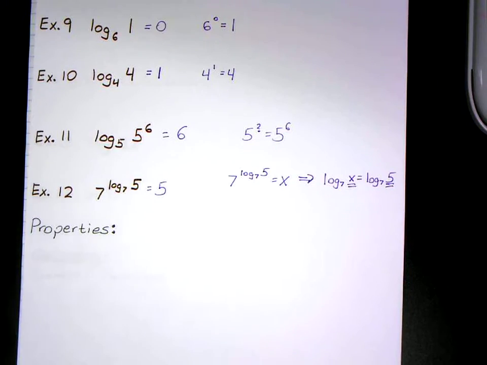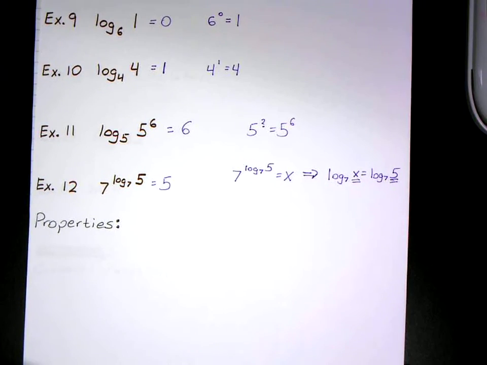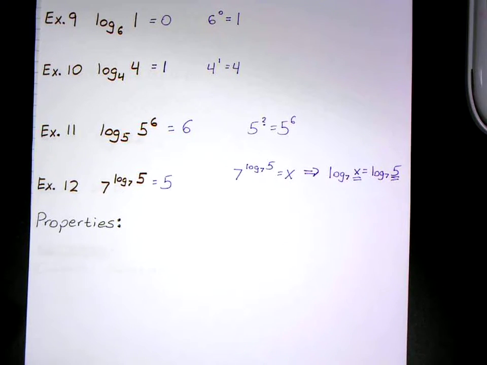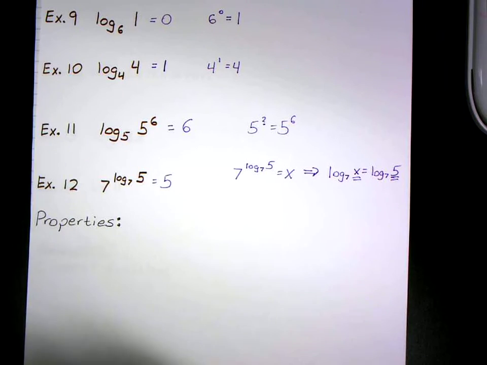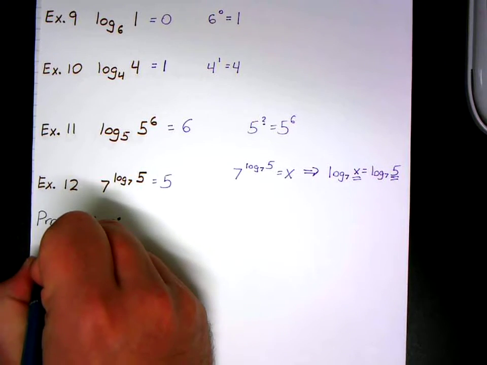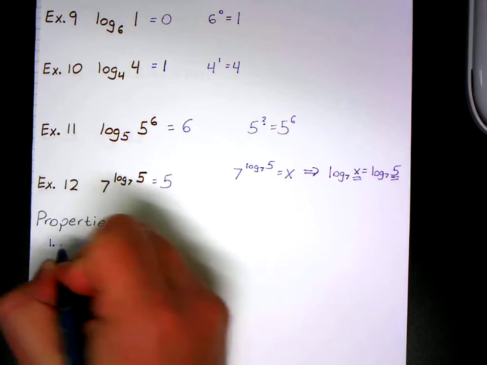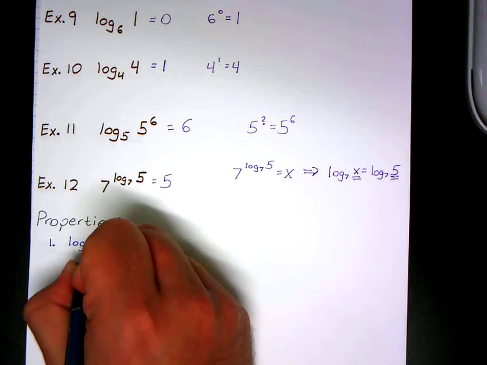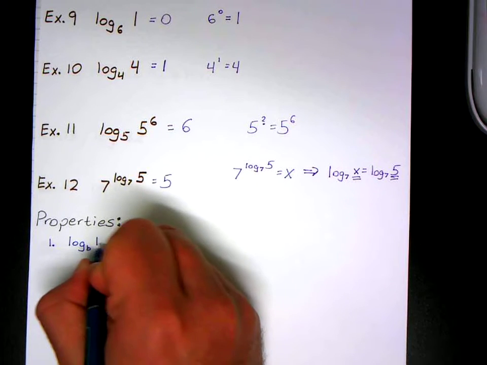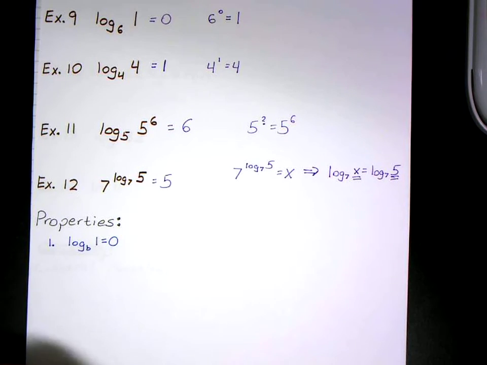Okay, so what that gives us is example 9, 10, 11, and 12 are 4 properties of logarithms. So property number 1 is that log base b of 1 is always equal to 0. Again, that's just because anything to the 0 power is equal to 1.